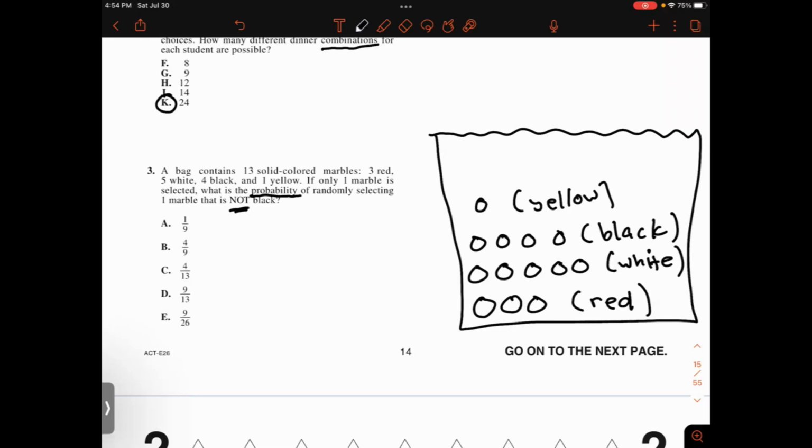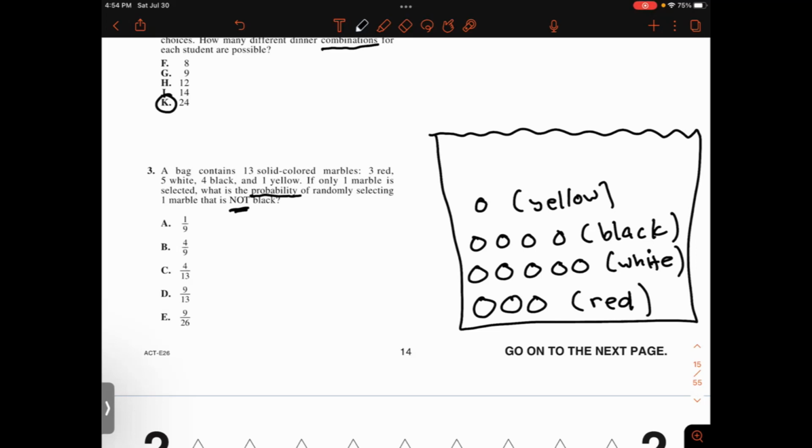So these are my different marbles in my bag. They all add up to 13. So this question is asking me, in this bag, if I want to select a marble, what are the chances of me not picking a black marble?